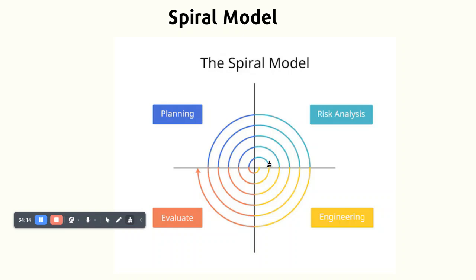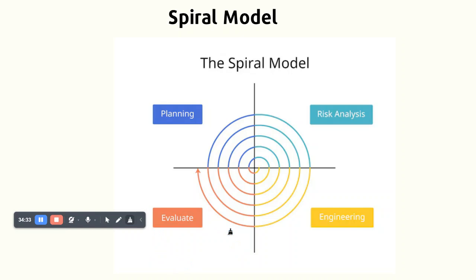In the risk analysis, some kind of development is done to check whether we have to move further or not. This is the main part of the engineering things, like the testing, which is carried out in this quadrant.